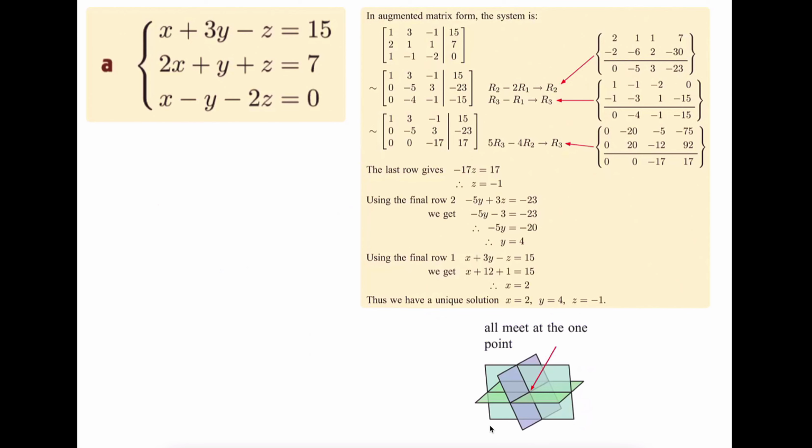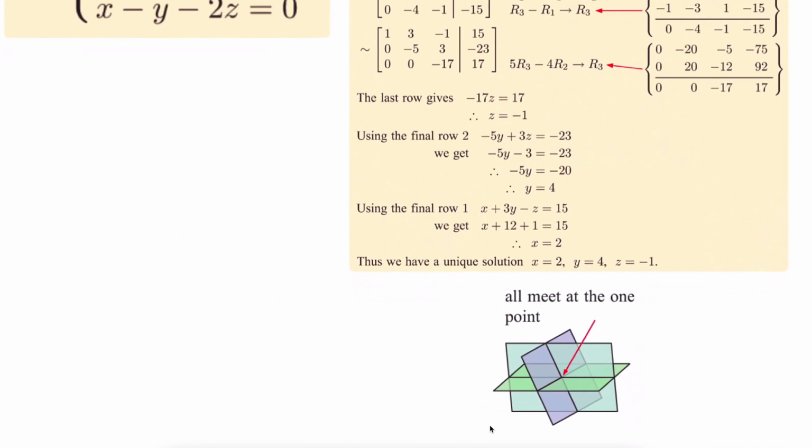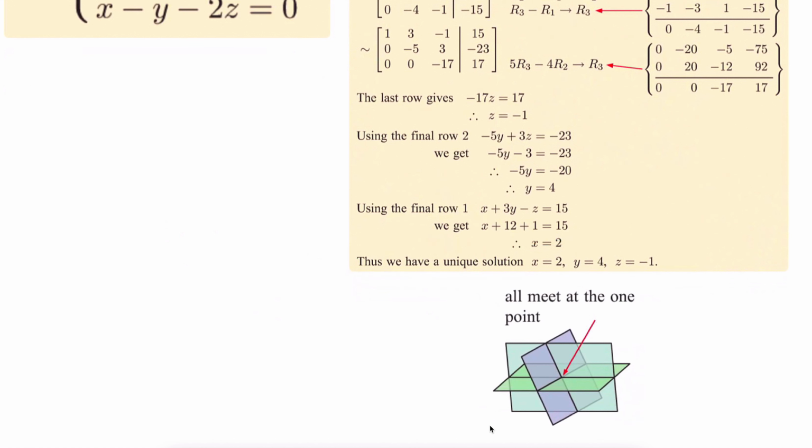Before we actually do the work, you can see down here at the bottom that we do have a unique set of solutions in this one, where x is equal to 2, y is equal to 4, and z is equal to -1. What that tells us is those 3 planes must meet at a singular point, the coordinates 2, 4, -1. That is the only set of coordinates that will work for all 3 planes.